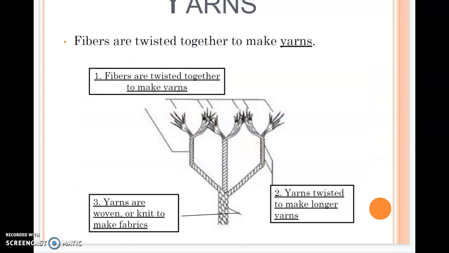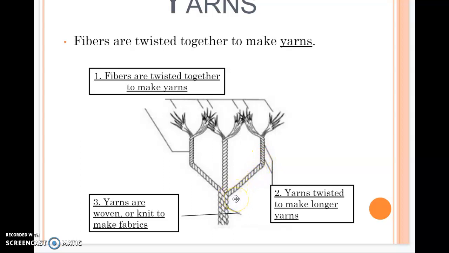All right, and then we have yarns. Yarns are fibers that are twisted together. So the diagram here is showing that fibers are twisted together to make the yarns. At the top, they're very, very tiny little fibers. Then the yarns are twisted to make longer yarns.